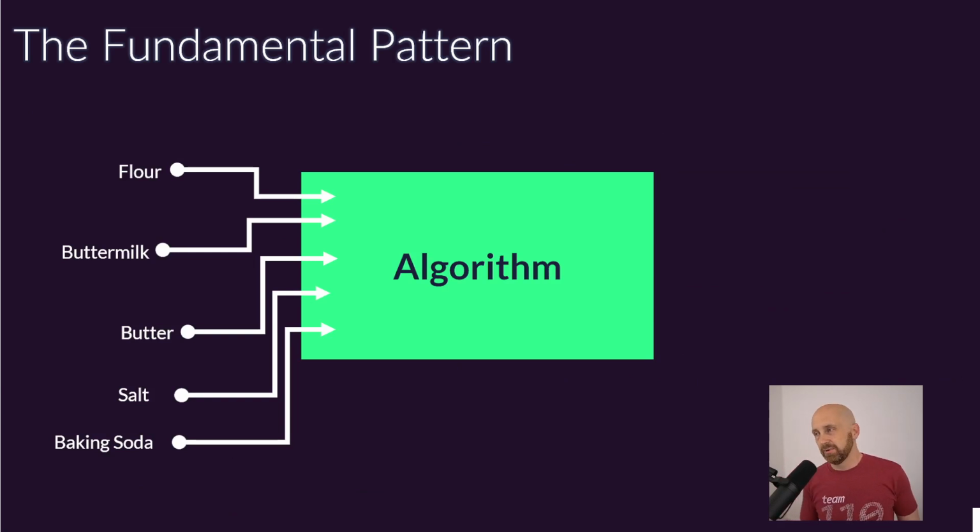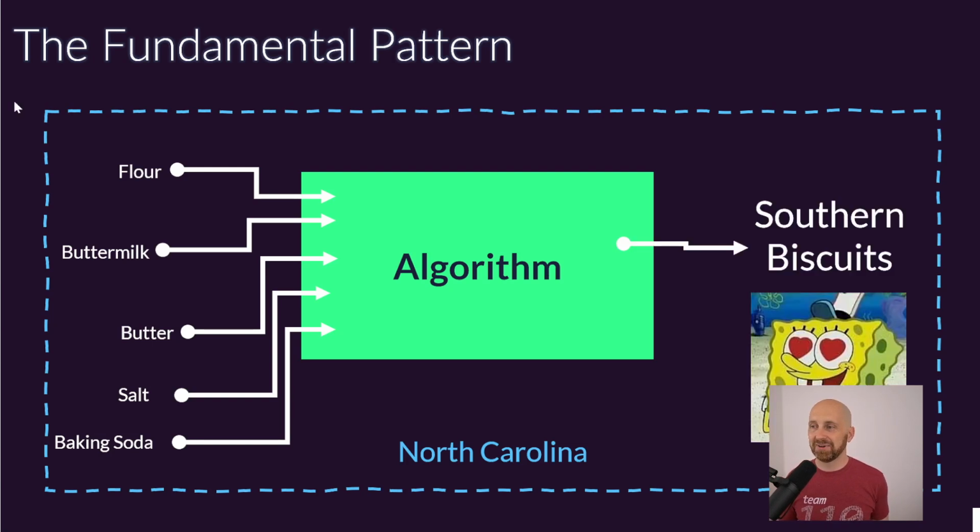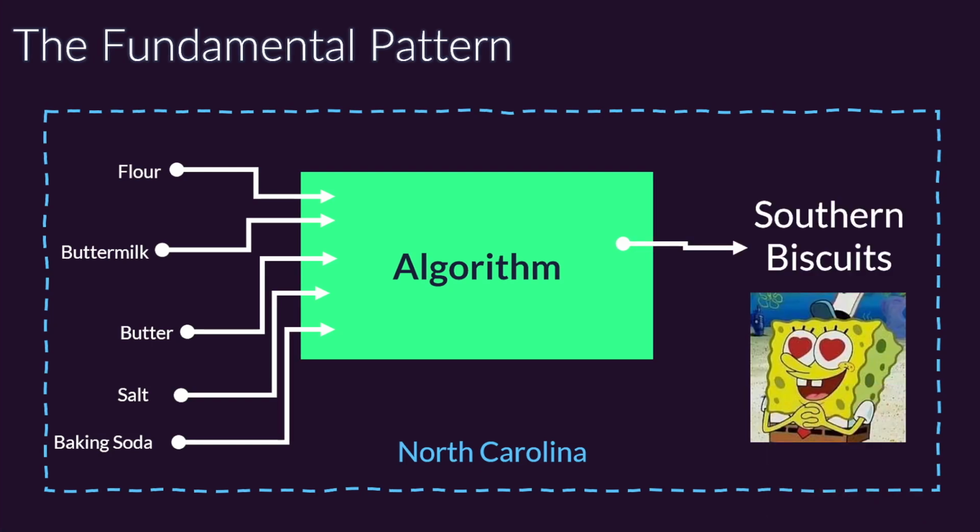Another example that I like to use is, imagine these are your inputs. You've got some flour, buttermilk, butter, salt, and baking soda, and an algorithm, a recipe. What do you get from this recipe? Well, if you're in North Carolina and that's the environment, it's probably going to be a little different than if you were somewhere else, like in England. In North Carolina, what you're going to get are Southern biscuits, which are one of the finest things that exist on this earth.